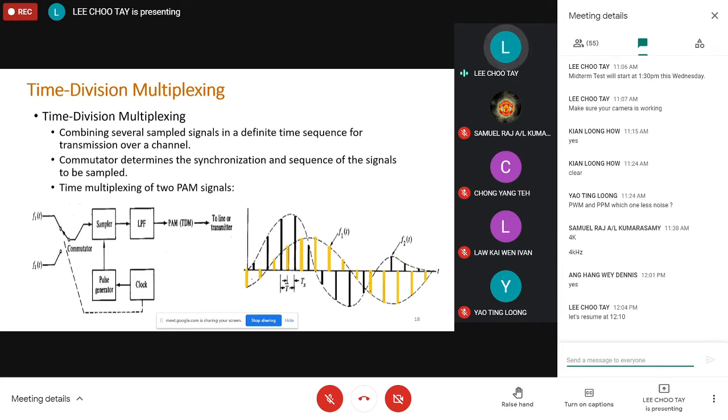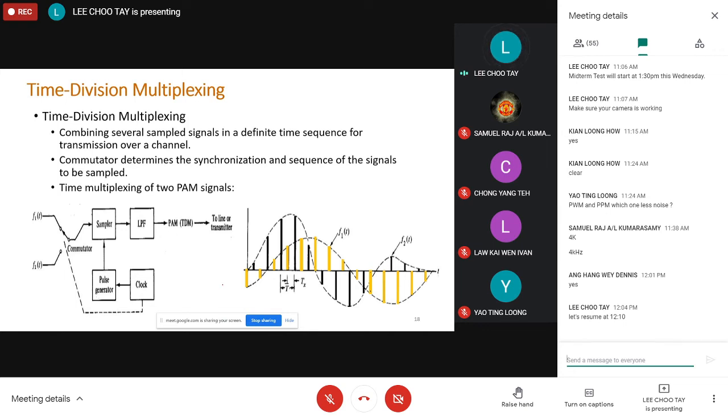So I'm going to move on to talk about time division multiplexing. Time division multiplexing, as I mentioned previously, is basically used to combine several signals in time domain so that we can transmit them together over one channel. Because if you use one channel to transmit just one signal, it's a waste of the bandwidth.